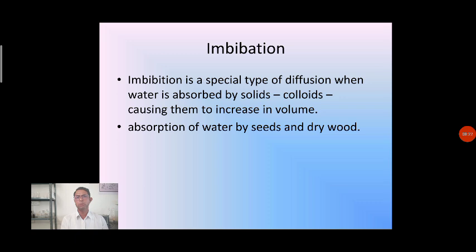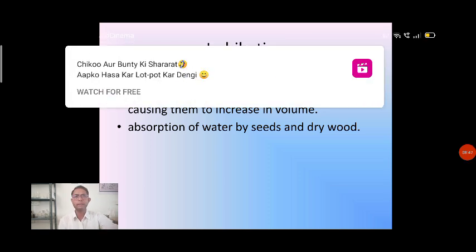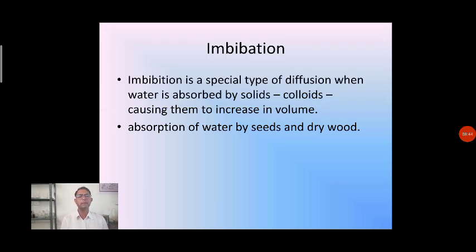When we look at the seed, initially the seeds are dried and they are a very compact structure. As we add these seeds in water, they utilize this water and become turgid, or we can say they start to increase their size, and this process we call imbibition.